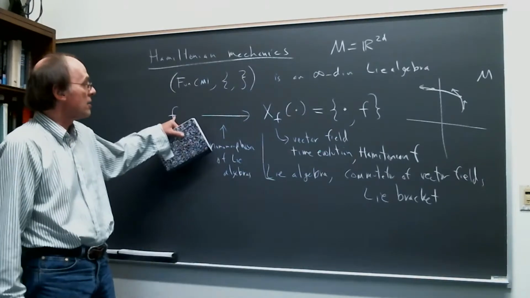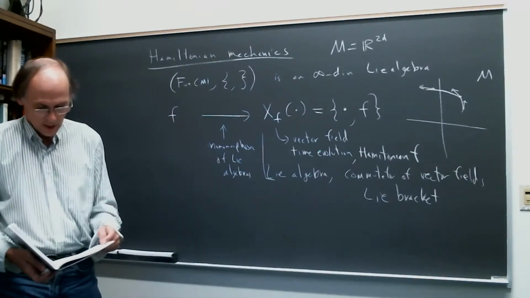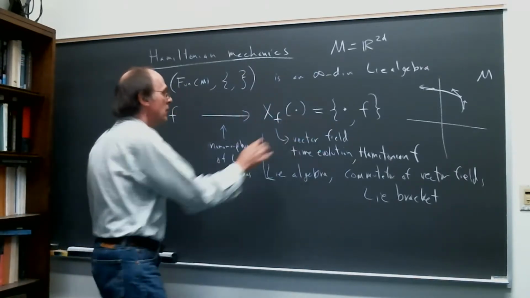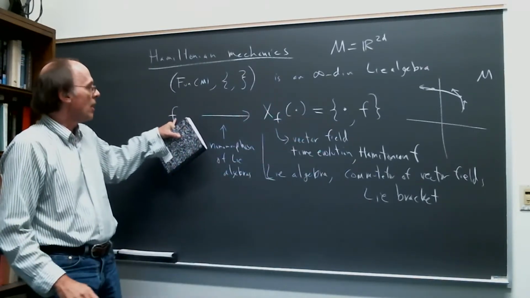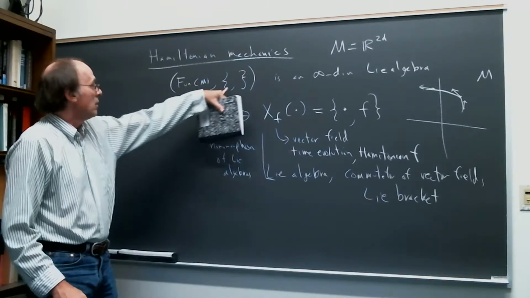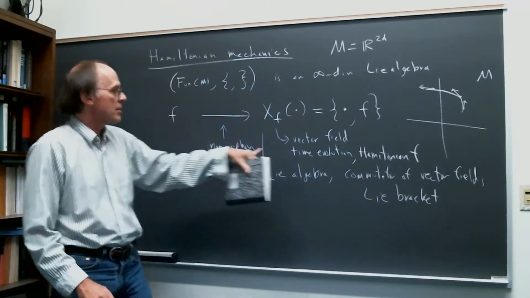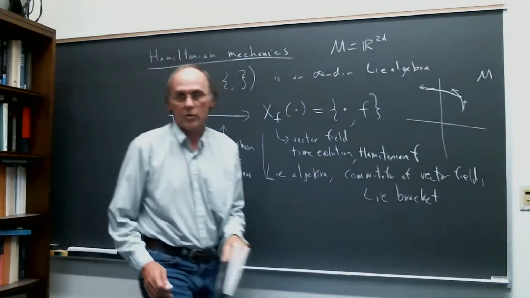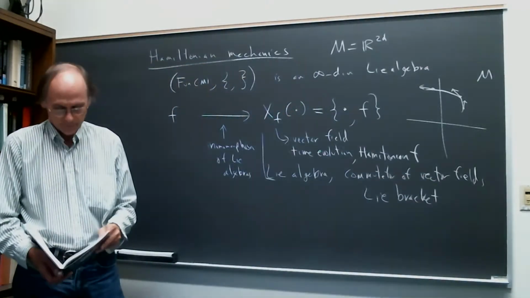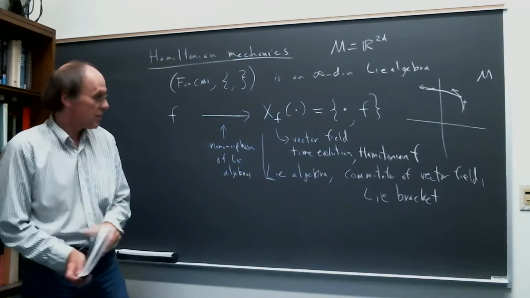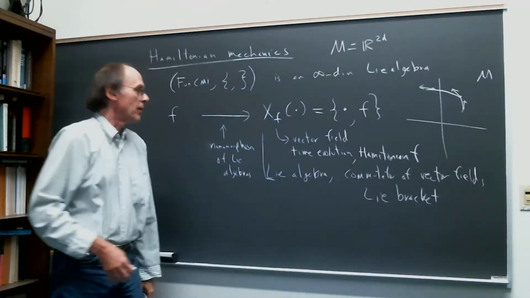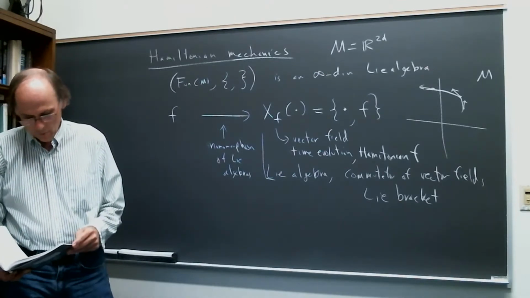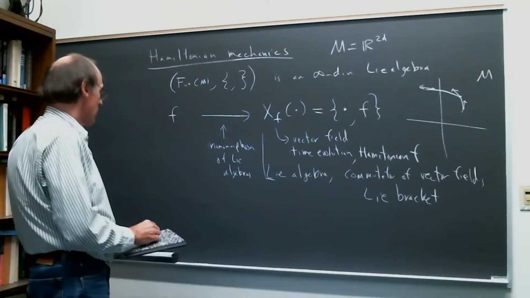So under this map, the Poisson bracket of two functions becomes the commutator of the corresponding vector fields. So there's a huge amount of stuff about Hamiltonian mechanics encoded in that.